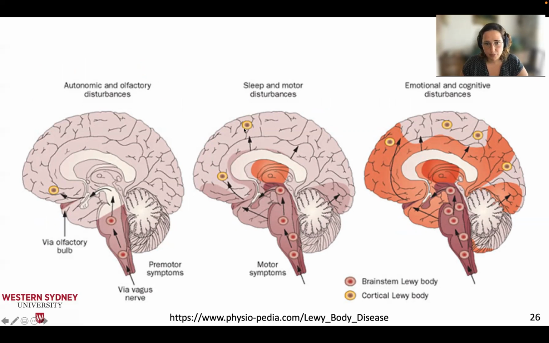They can then move up and around into our olfactory bulb, which is where you're getting the smell issues, but with your brainstem we've also got issues with our motor symptoms. As it slowly starts to build up in the cortical areas of the brain, we move into sleep and motor disturbances, and then into emotional and cognitive disturbances, where it starts to become more global through the brain.